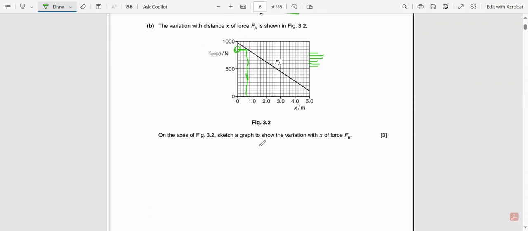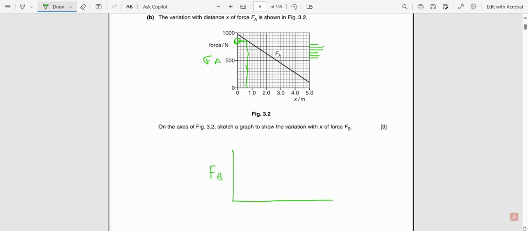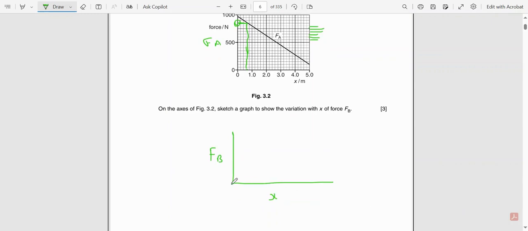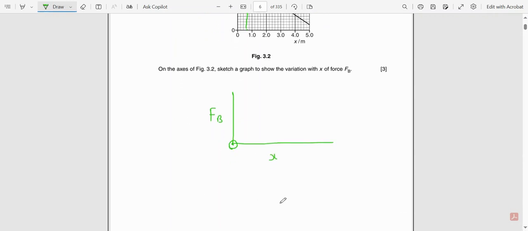What they are asking is: sketch a graph to show the variation of force FB with X. Here they have shown FA, right? Now I'm going to show FB with respect to X. First I'm going to take X as 0. So X as 0 means what will happen? Look at this, X as 0.